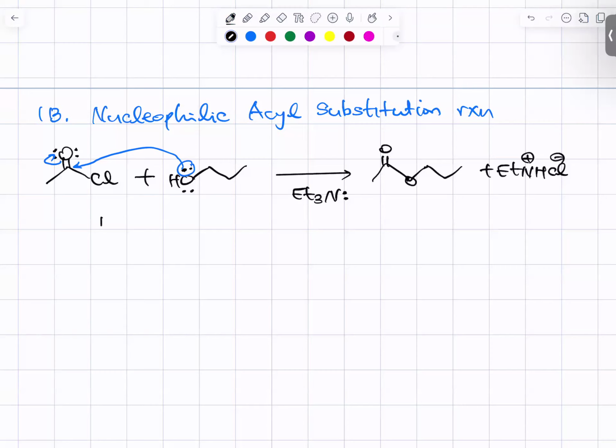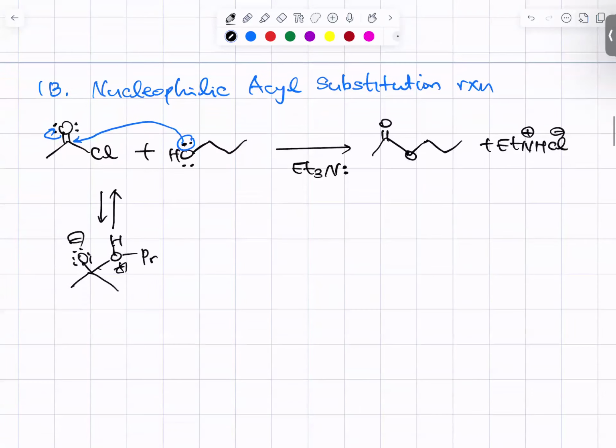So it will be forming an oxide ion, a tetrahedral intermediate, and then oxygen with a positive charge, and here the normal propyl group. And this is chlorine. Remember, chlorine is a good leaving group.